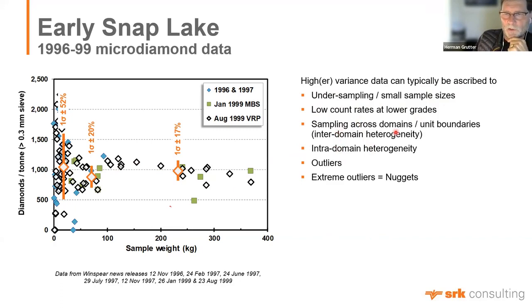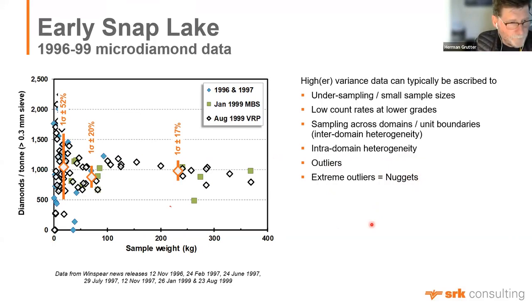If you sample across domains or unit boundaries, that's obviously something that can lead to variability in your data set. There's something called intra-domain heterogeneity, which is not much discussed. It's very difficult to prove that without additional information, in particular geology. Outliers occur and they contribute to higher variance, and then there's these extreme outliers, which we call nuggets in a statistical sense. And we'll see the examples discussed further on about what these things do to your microdiamond results.